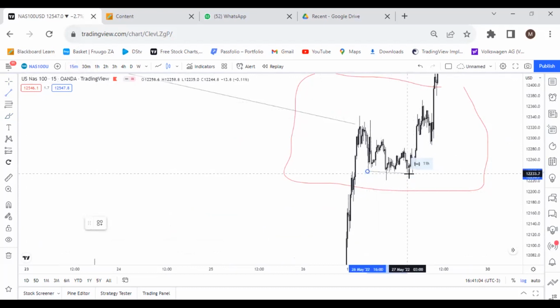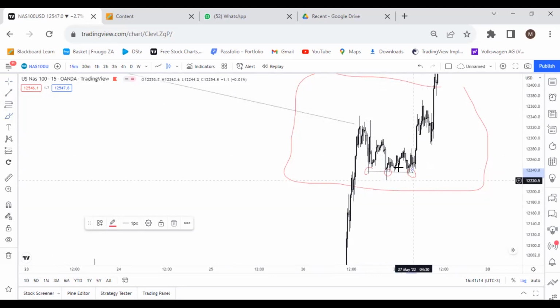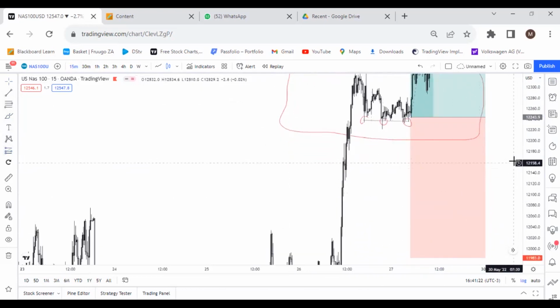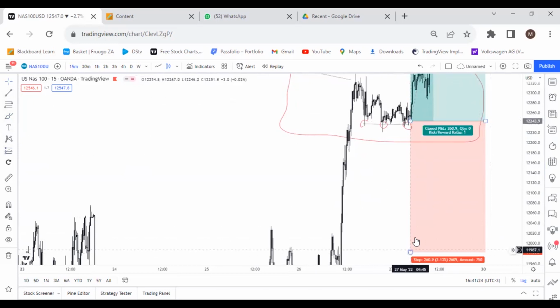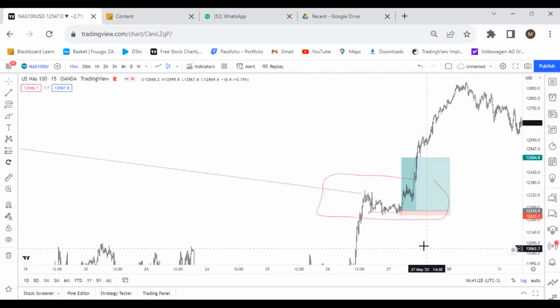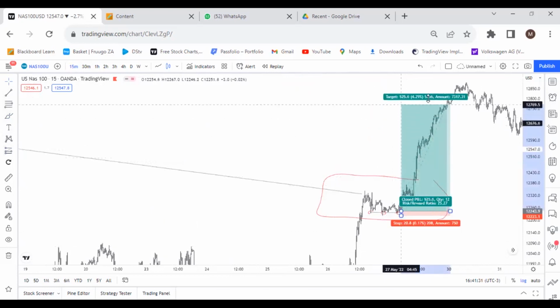This was our first touch, second touch, and third. After the third touch, remember, highest probability, base your trade from the third one right after reversal candlesticks. And there you have it.